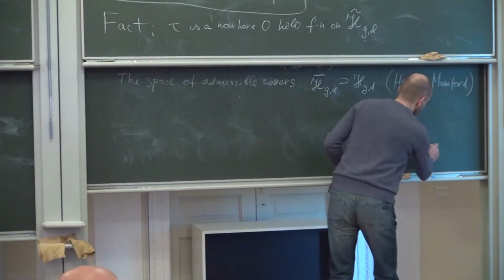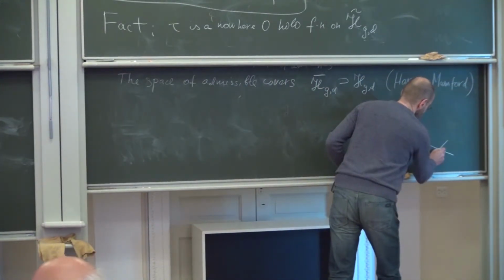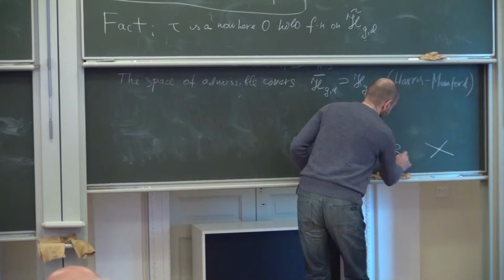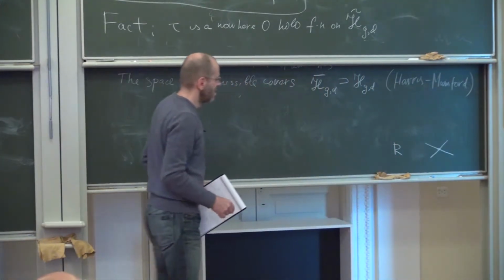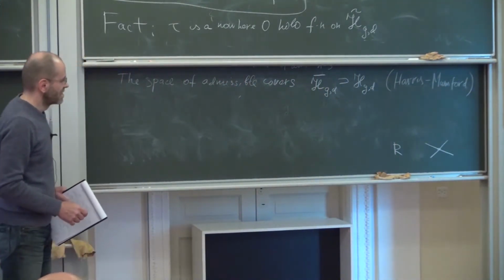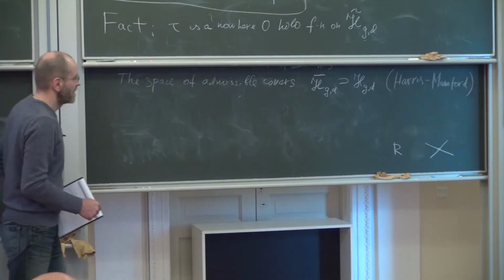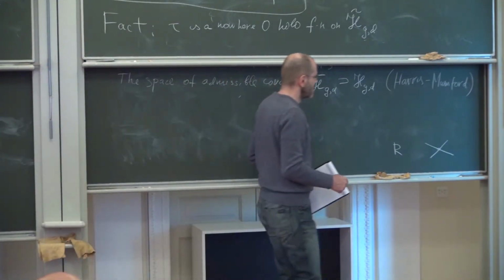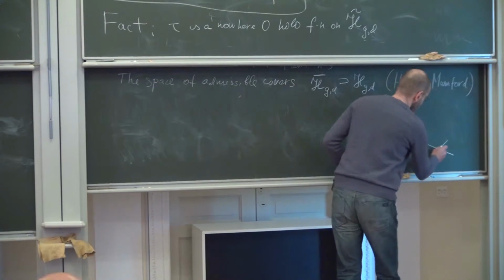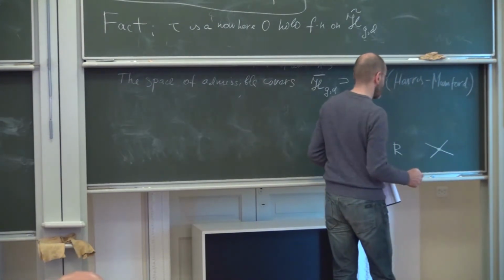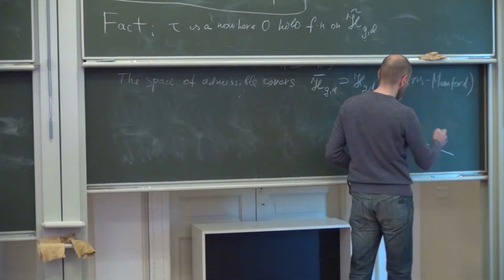So that's the rational curve that is the base, and there is a branched cover over it.